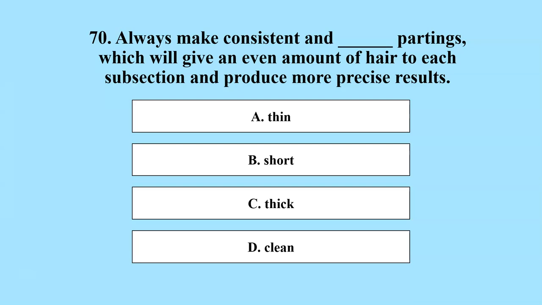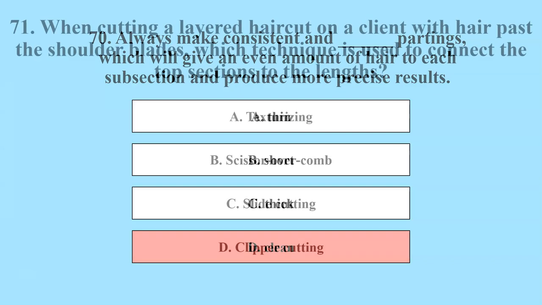Always make consistent and blank partings, which will give an even amount of hair to each subsection and produce more precise results. Thin, short, thick, clean. If you chose D, clean, you are correct.